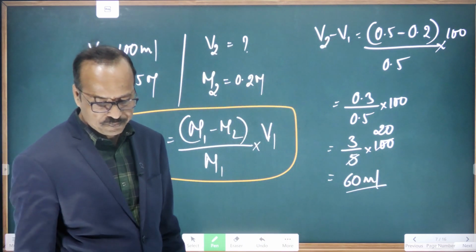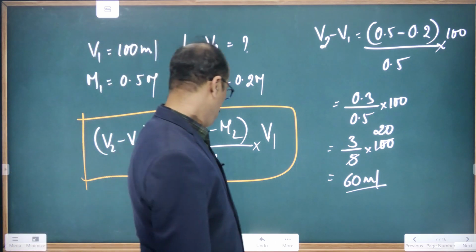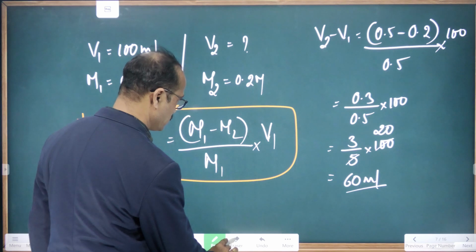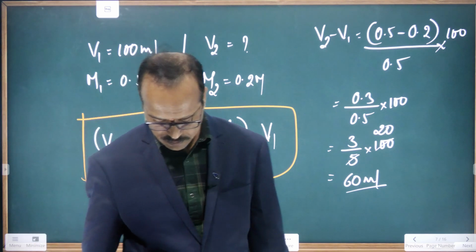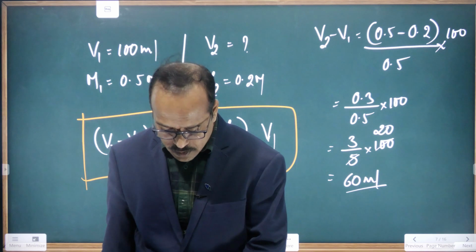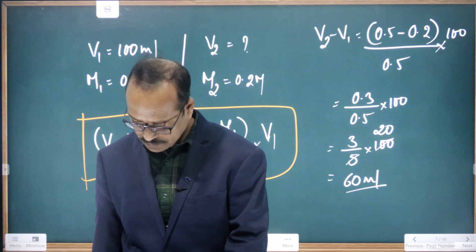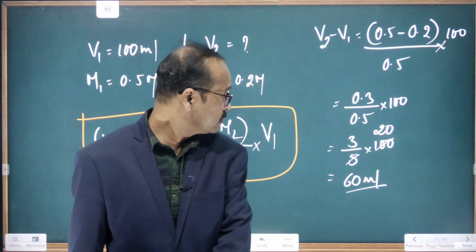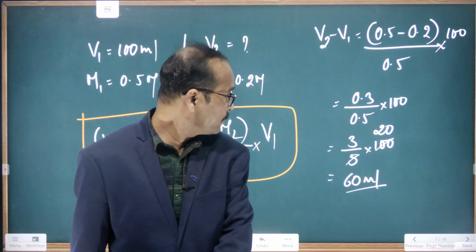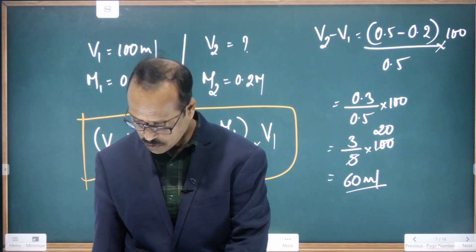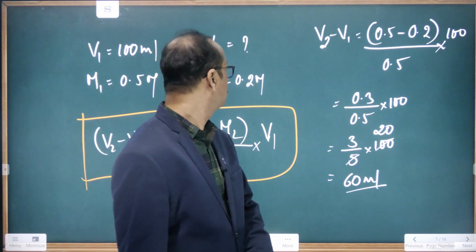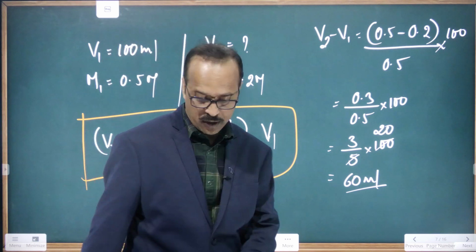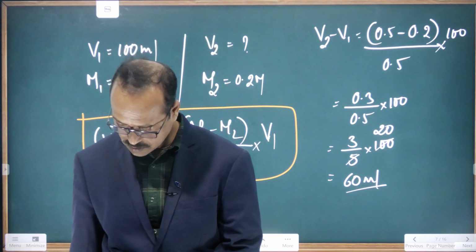Somewhere we are mistaken. I think we should check this problem once again. 60 ml is not there in the options. The volume of water, 0.5 minus 0.2, correct only.